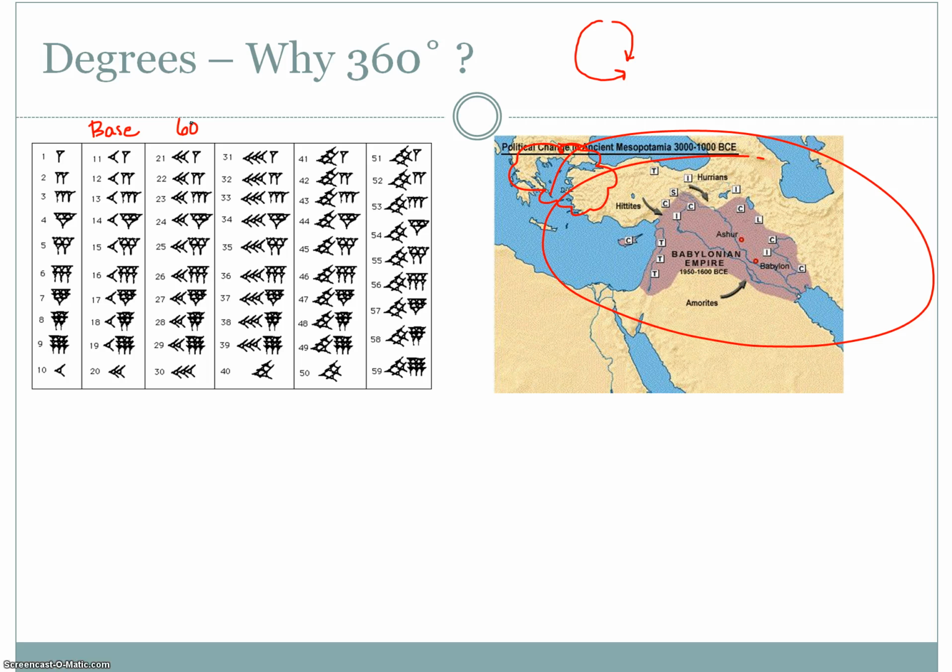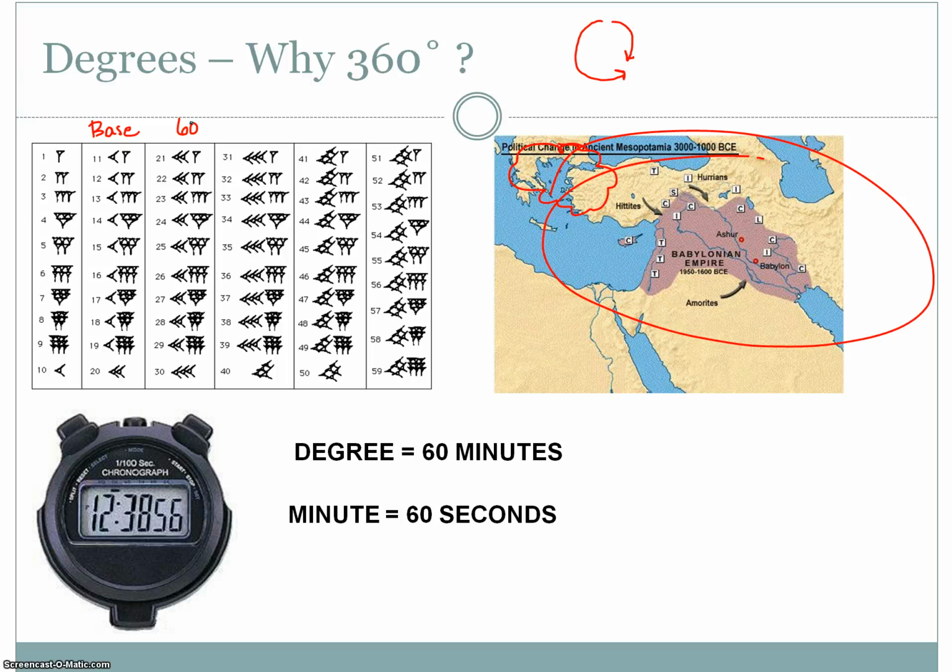We have a base 10 number system. The Babylonians decided that they would take that day, which was 24 hours, and break up the parts of those hours into 60 parts. So that's how we get 60 minutes in an hour, and that's how we get 60 seconds in a minute.